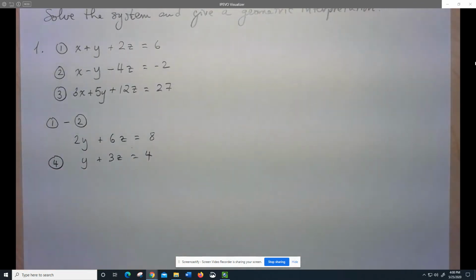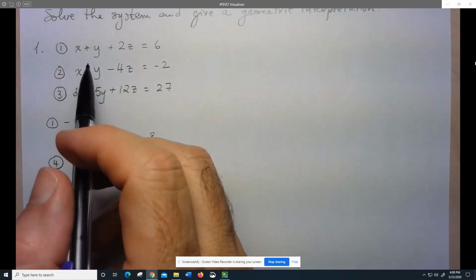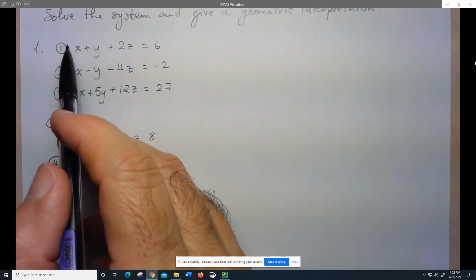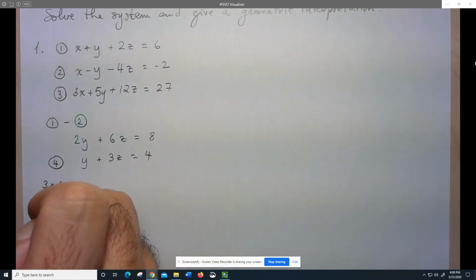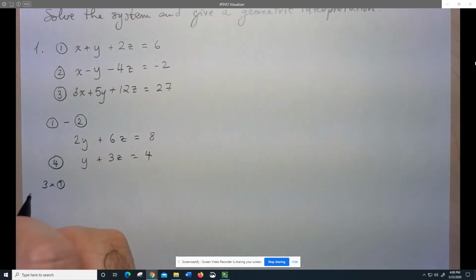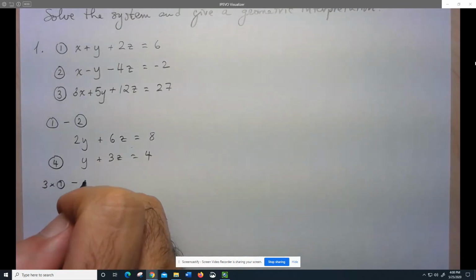Now let's eliminate using equations 1 and 3. Here I'm going to have to multiply equation 1 by 3, and then subtract equation 3.